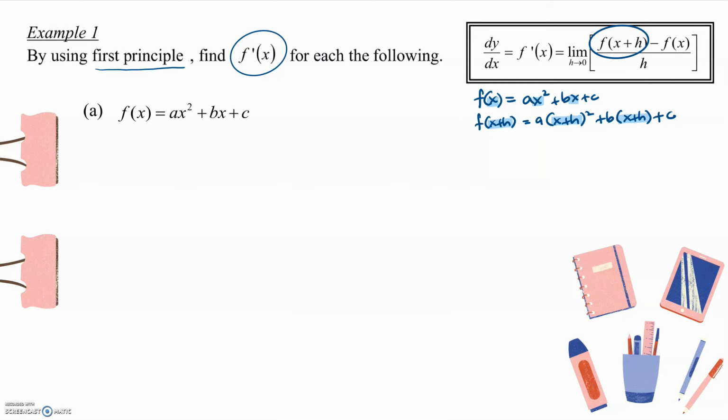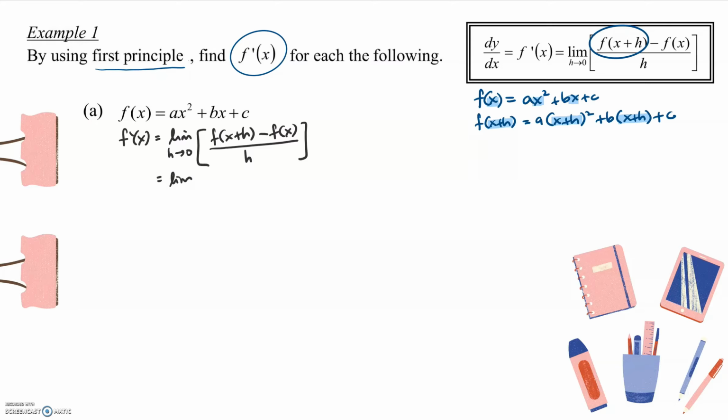and x+h. So to solve this question, the formula for f'(x) is equal to the limit of [f(x+h) - f(x)] divided by h as h tends to 0.